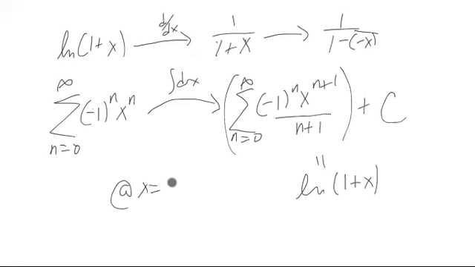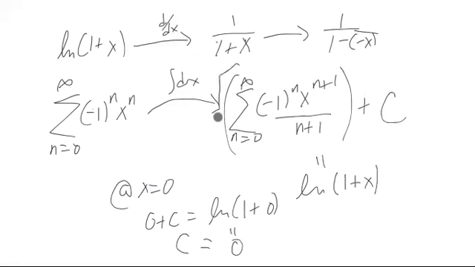At x equals 0, we have 0 plus c is equal to the natural log of 1 plus 0. Natural log of 1 is just 0. So 0 is equal to c, which means c is 0, meaning that as long as we're in its interval of convergence, in the domain of this power series where it is well defined and converges, these are equal.